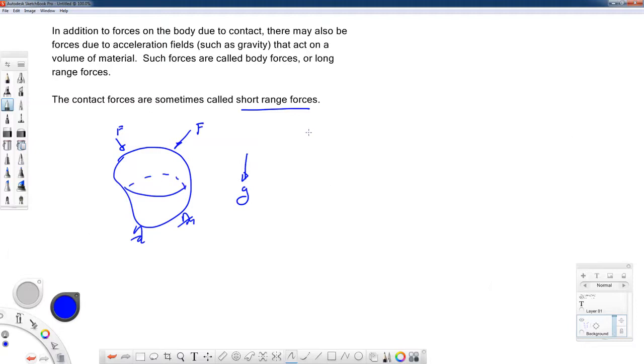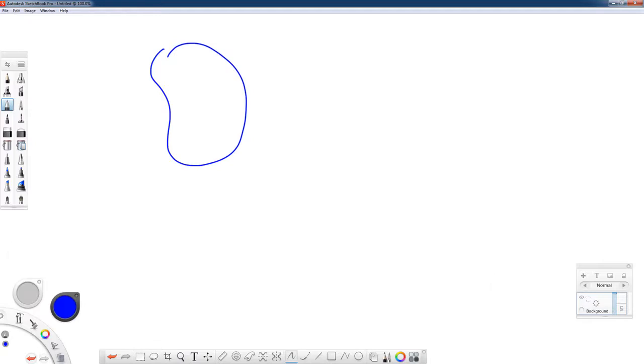Well, the next thing we want to do is apply Newton's law of motion to a continuous three-dimensional body. To do that, I'm going to sketch out my three-dimensional body and put a specific coordinate system in here.